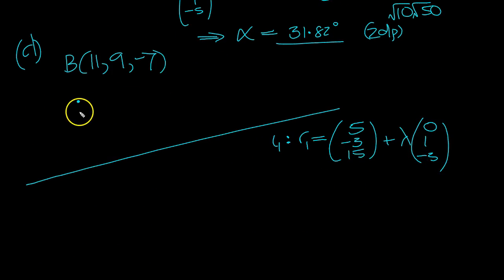So there's B, this is the line here, so this is the point 5, minus 3, 15.